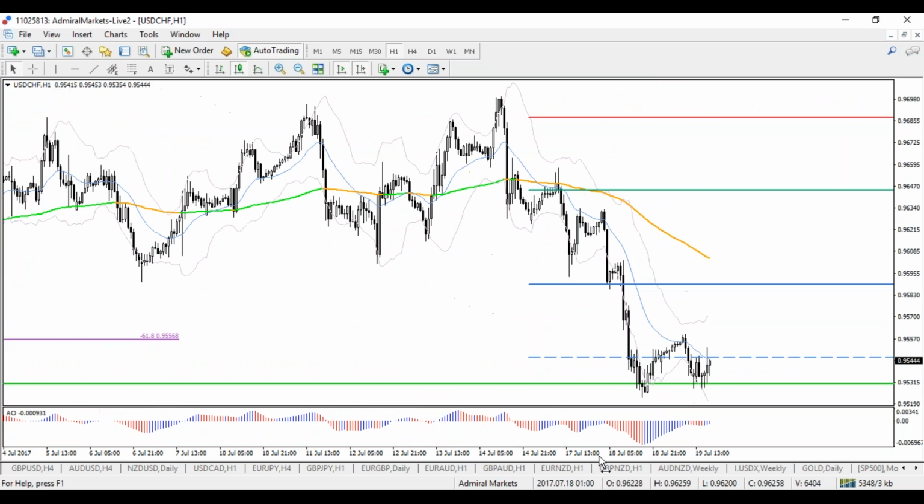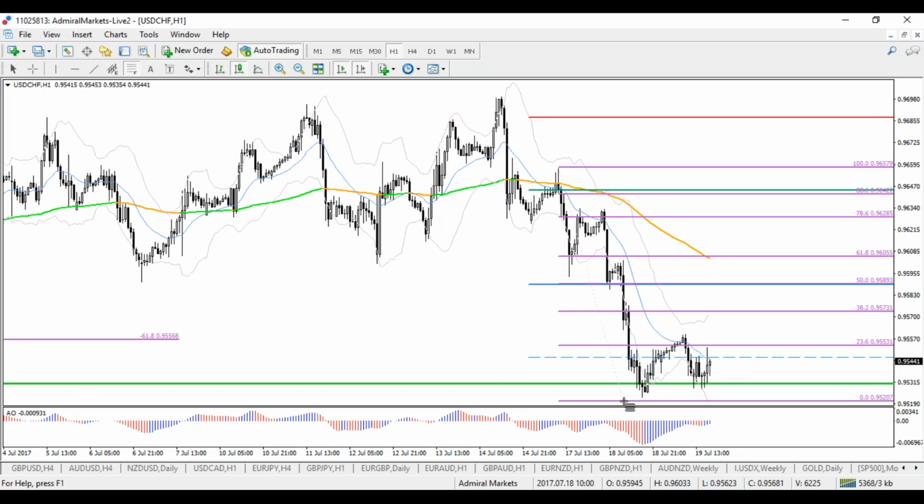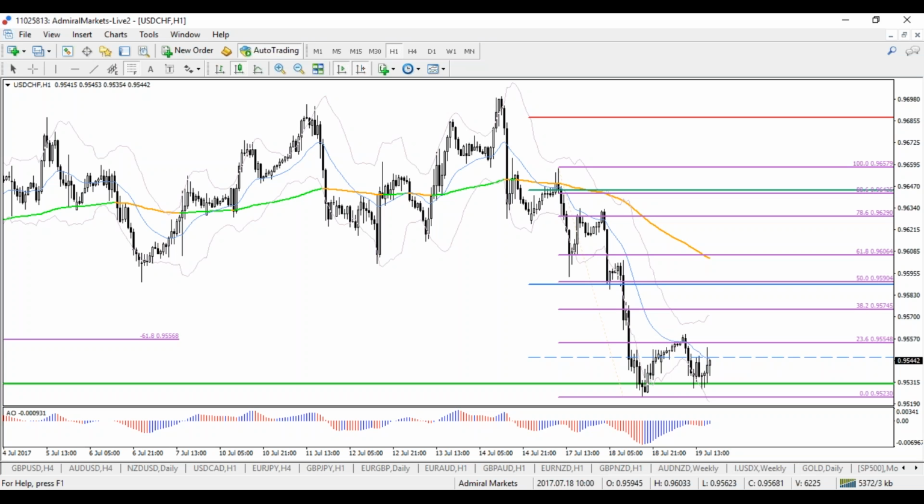Hourly chart, this could easily be a wave 4. So we've got to be aware of the 38.2 fib resistance and 50.